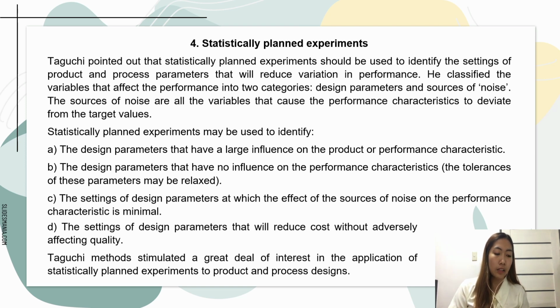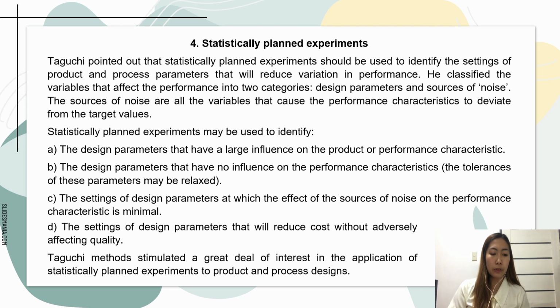He divided the performance affecting variables into two categories: design parameters and sources of noise. All of the variables that cause the performance characteristics to deviate from the target values are considered sources of noise.